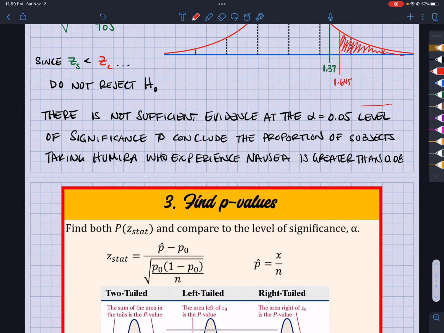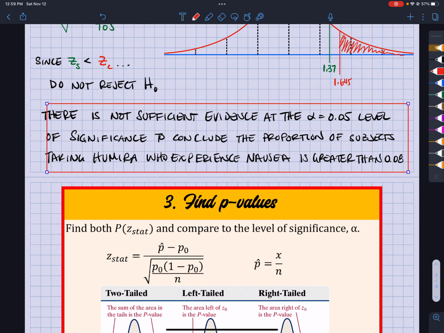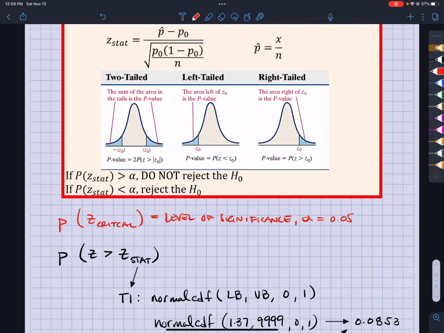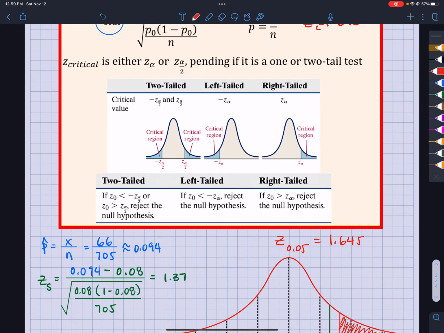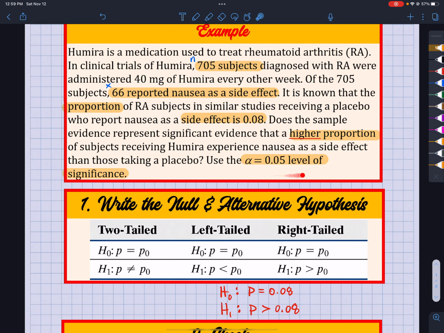No matter if I use the Z or the P, I'm still going to reach the same conclusion, okay? However, the Z is going to help me get there anyways, so the only thing I have to do to find a P is find the Z first, then find the P. But don't forget, I have this alpha, so this alpha is already one of my P's.